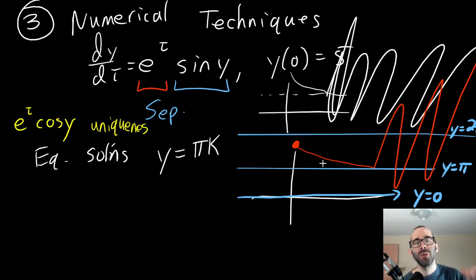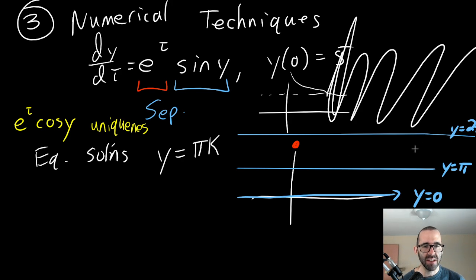But now we have proof that this is impossible because we know it has to be between these two equilibrium solutions. Whatever the solution looks like has to be stuck between these. Otherwise, it fails uniqueness, and we know we have uniqueness. So you might guess that the solution maybe looks like that. You might be right. We'll revisit this example later.